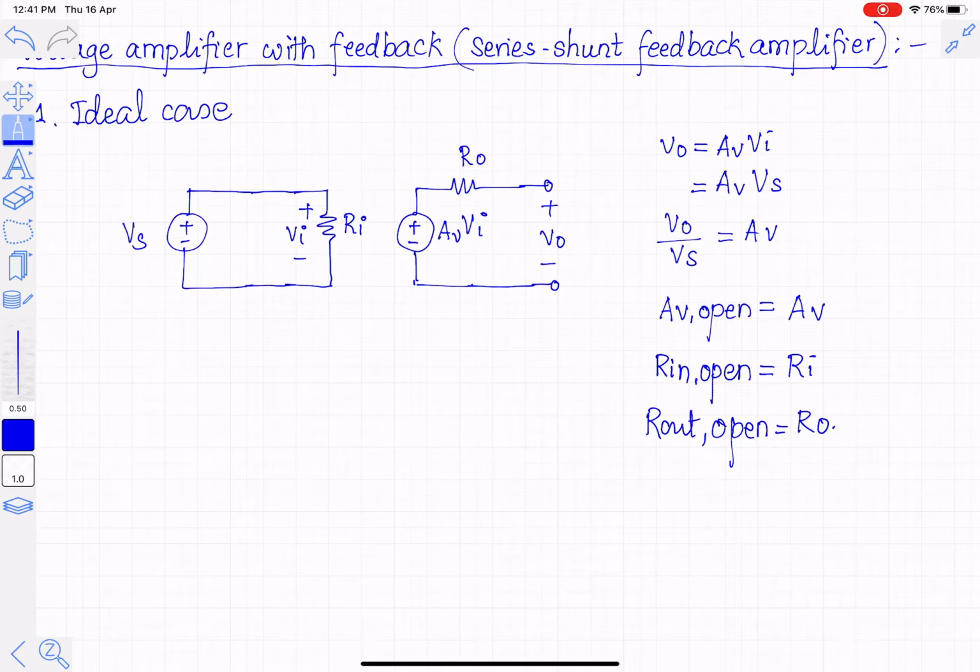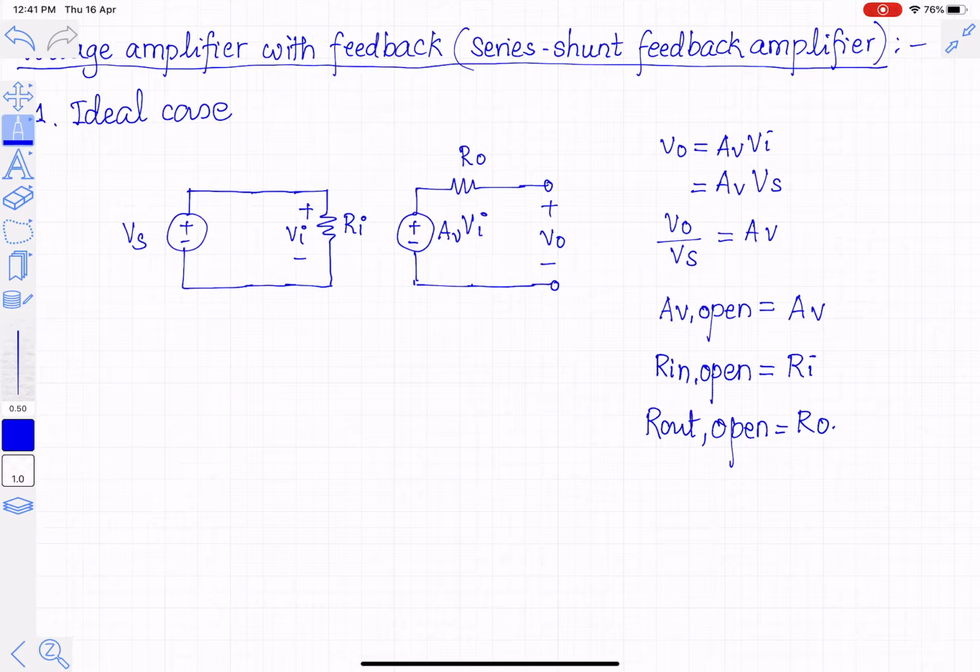Now this amplifier is used in a feedback configuration where the feedback network is ideal. You should understand that the feedback network has the input quantity as a voltage and the output quantity also as a voltage.